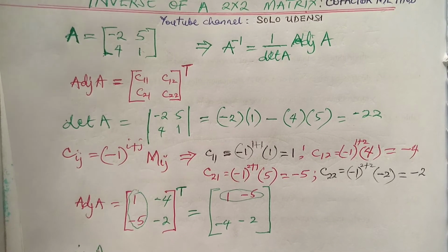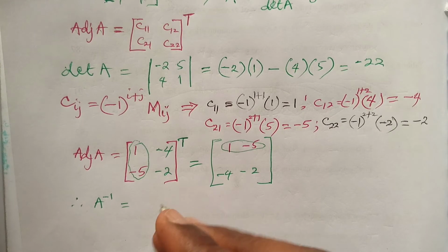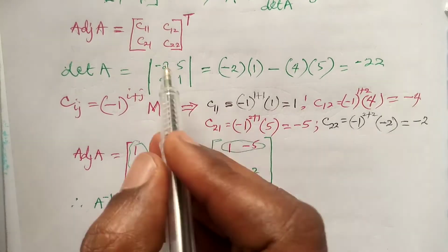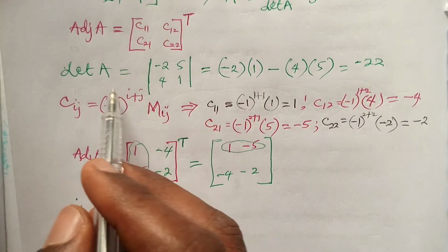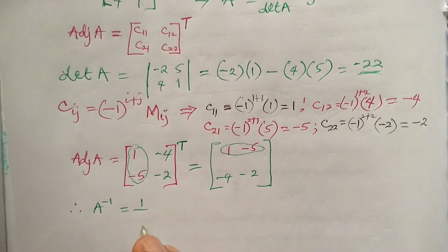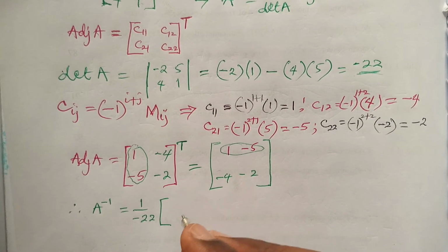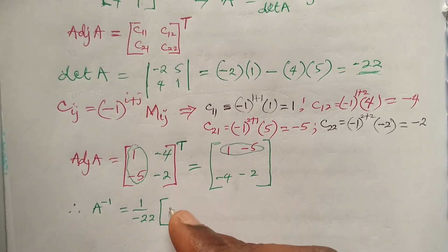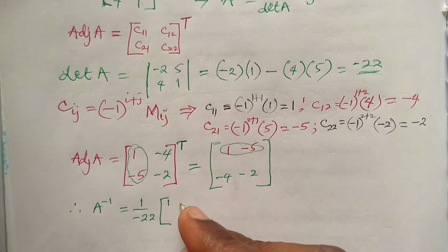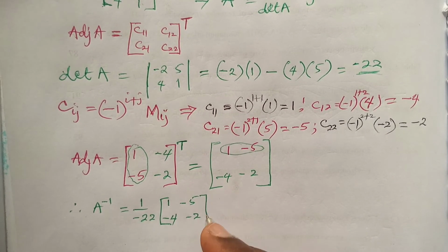Therefore, our inverse is equal to 1 over the determinant, which is minus 22, times the adjoint: 1, minus 5, minus 4, 2.